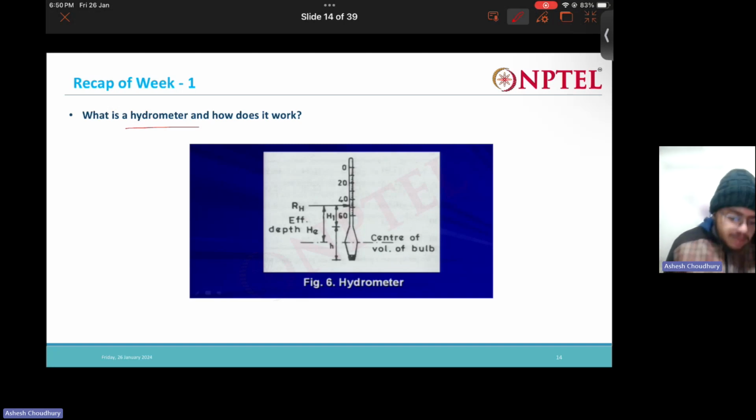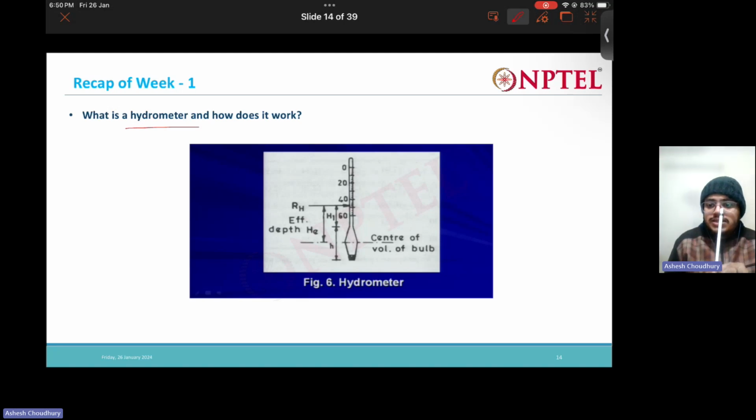It works on the basis of Archimedes principle. The hydrometer looks like this. It is made of glass, a very delicate instrument. At the bottom it has a bulb, and at the top it is a graduated cylinder like this.